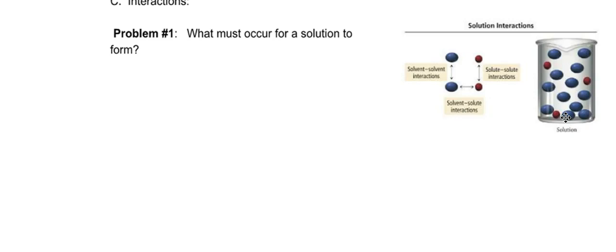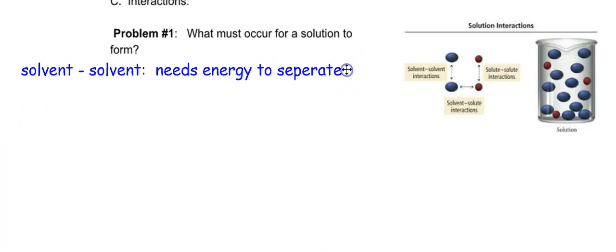And what we are setting up, if you will, is the idea of when do things dissolve and when don't they? When are things exothermic and when are things endothermic? We're kind of getting that all set up, just like that hand warmer lab we did. So let's talk about the solvent first, all right? What do I have to do first? I have to separate the solvent molecules, all right?